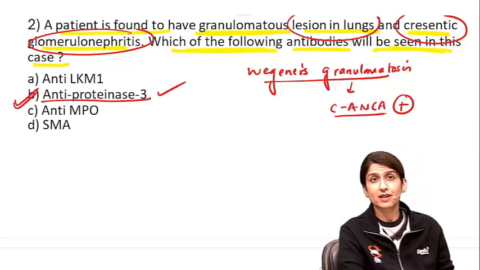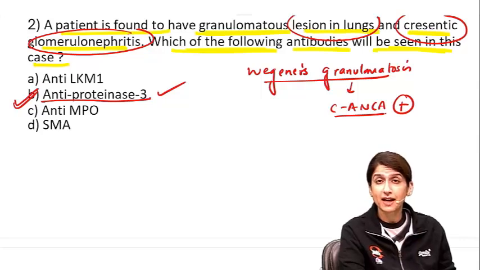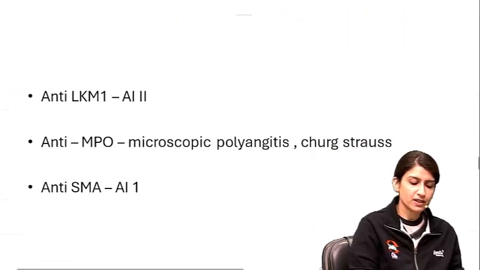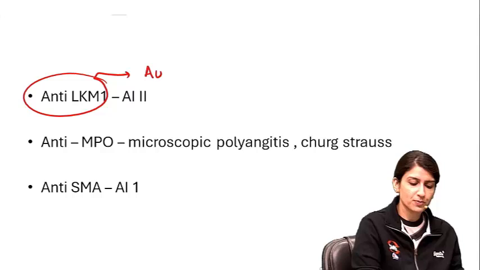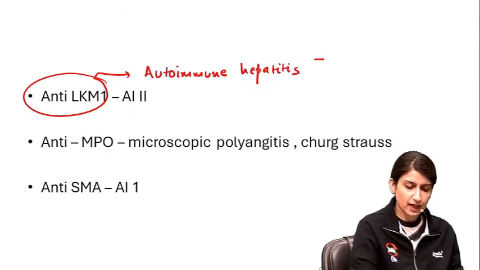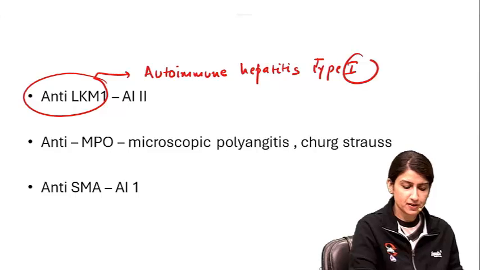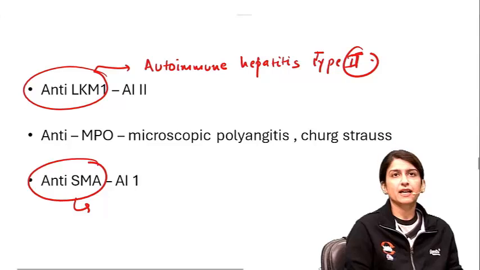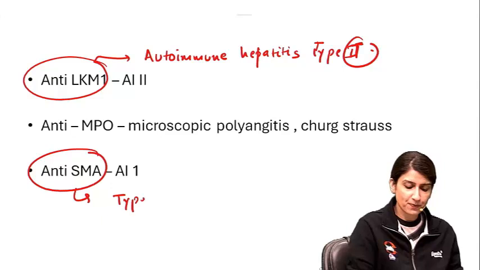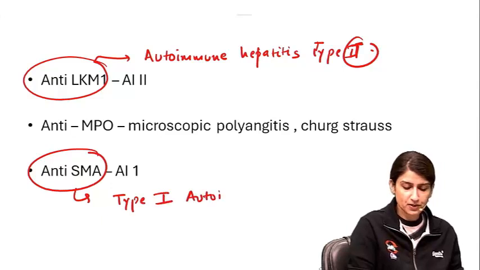But again, if I look at the rest of the options, I want to see कि बाकी antibodies मुझे कहाँ मिलेंगी. So anti-LKM1 is going to be seen in type 2 autoimmune hepatitis, and anti-SMA, यानी कि antibody to smooth muscle actin, is going to be seen in type 1 autoimmune hepatitis. इसके अलावा और कौन कौन सी मिलती हैं type 1 में?